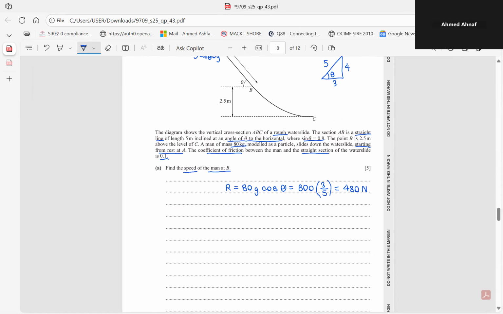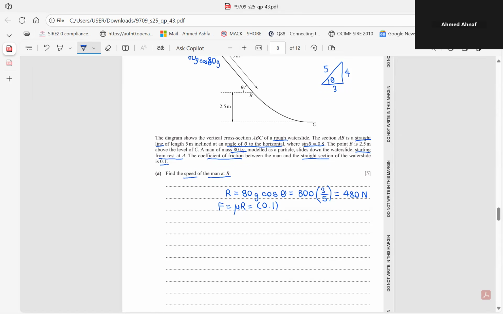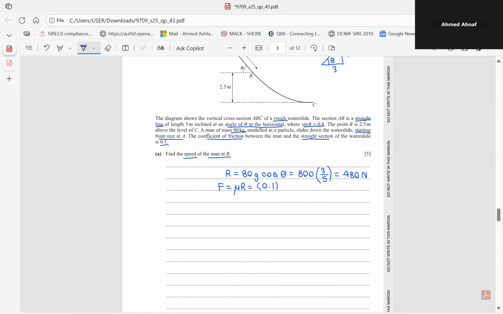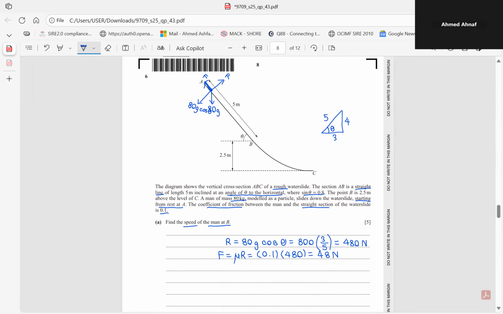Okay, now we can find our friction, which equals mu R. Mu is 0.1, and then mu times R is 0.1 times 480, which would just equal 48 newtons of friction.